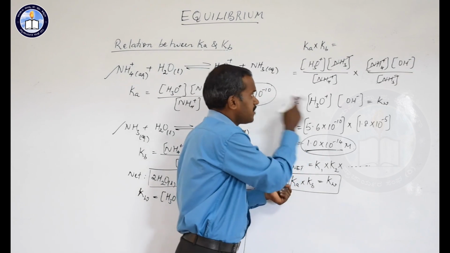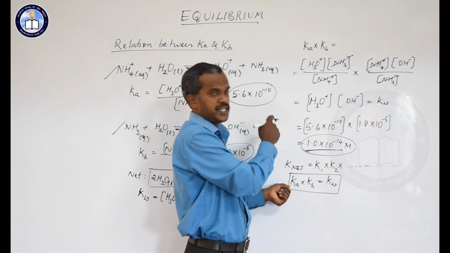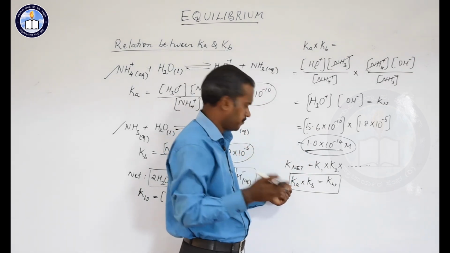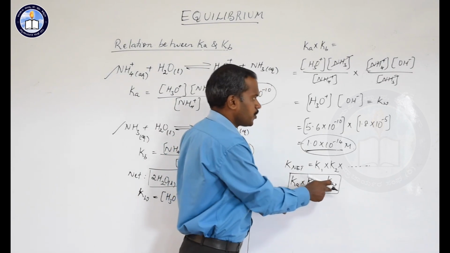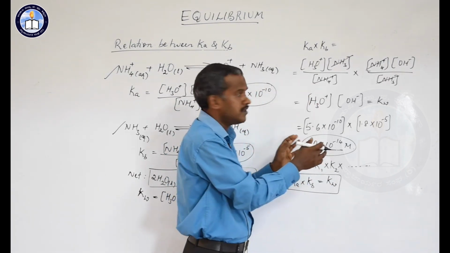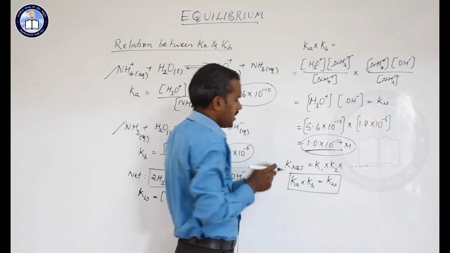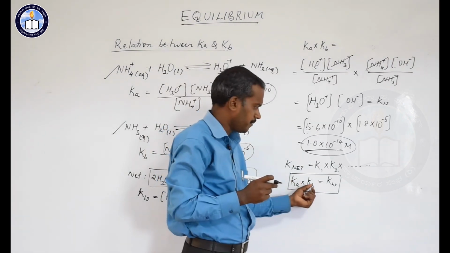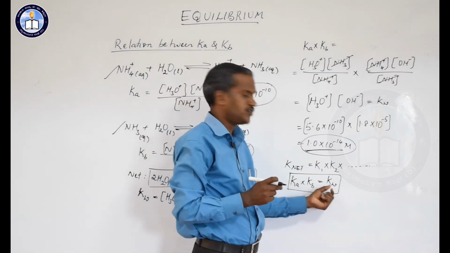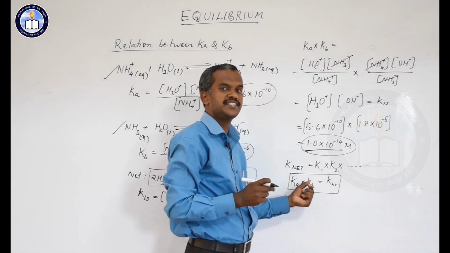Or in terms of the previous example, the conjugate acid base pair, Ka into Kb is equal to Kw. So what we derived till now, the relationship between Ka and Kb, is Ka into Kb is equal to Kw.